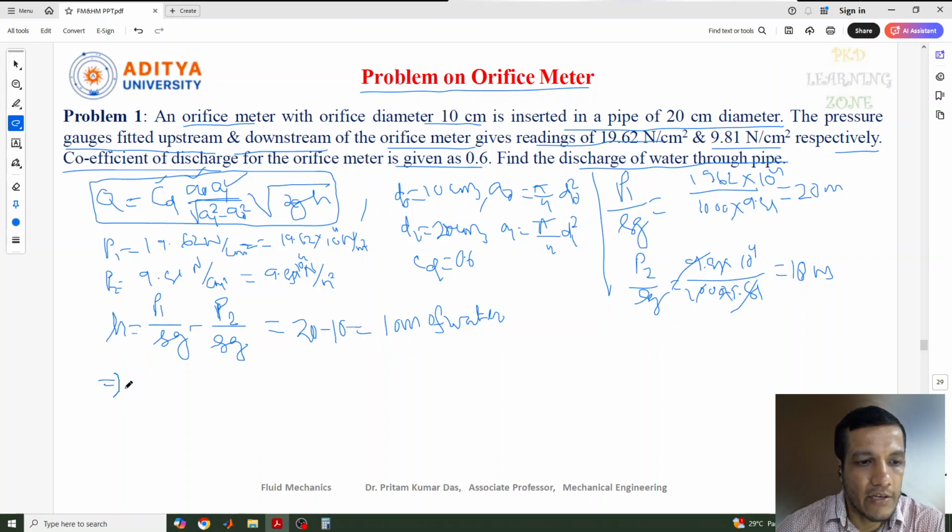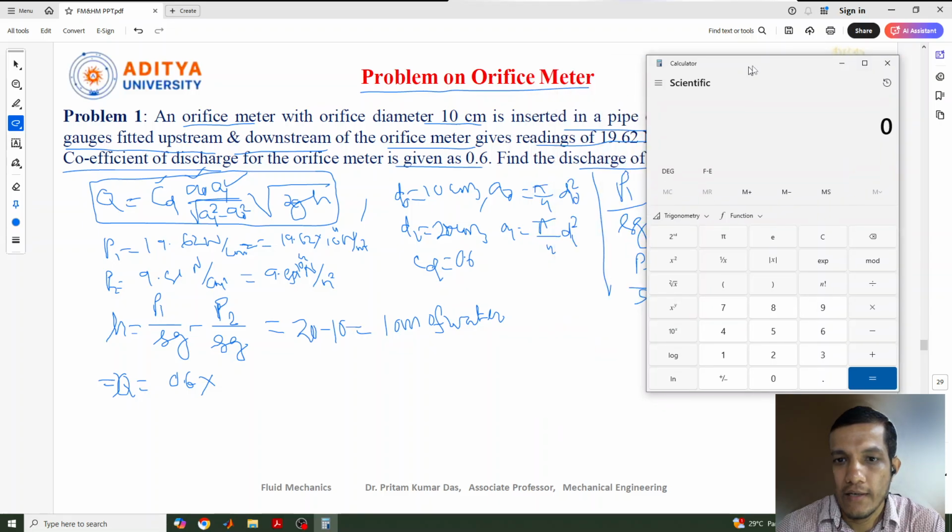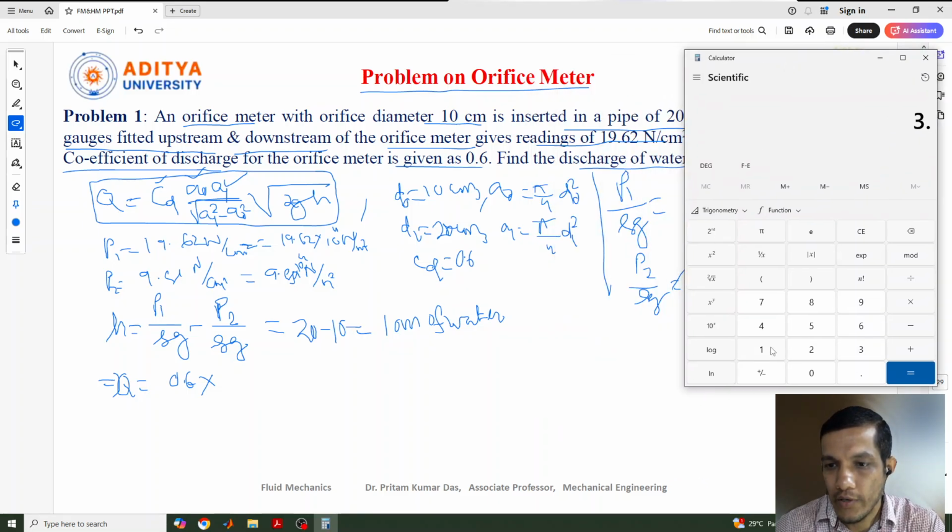Now I'll just put all these values in this equation. So I can get Q equals CD 0.6 into A0. A0 we need to find out, we'll find out with the help of this calculator. That is nothing but 3.14 into 10 squared, that is 100, divided by 4. 314 divided by 4 is 78.5.